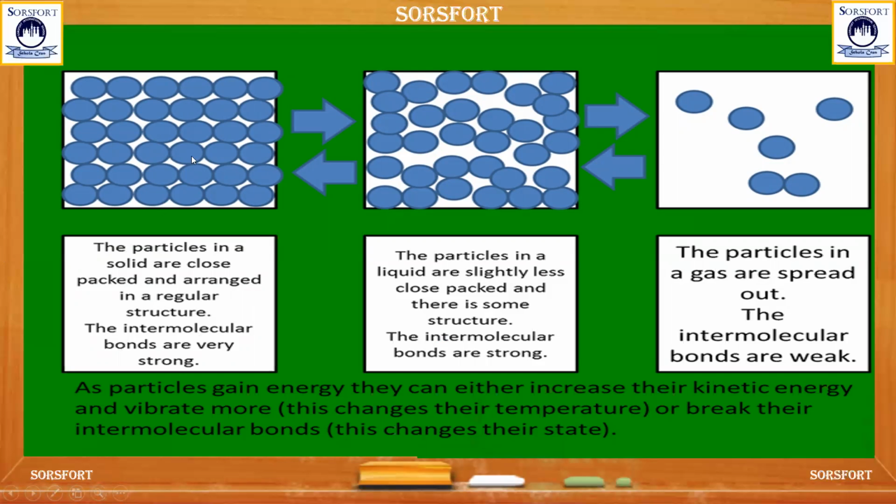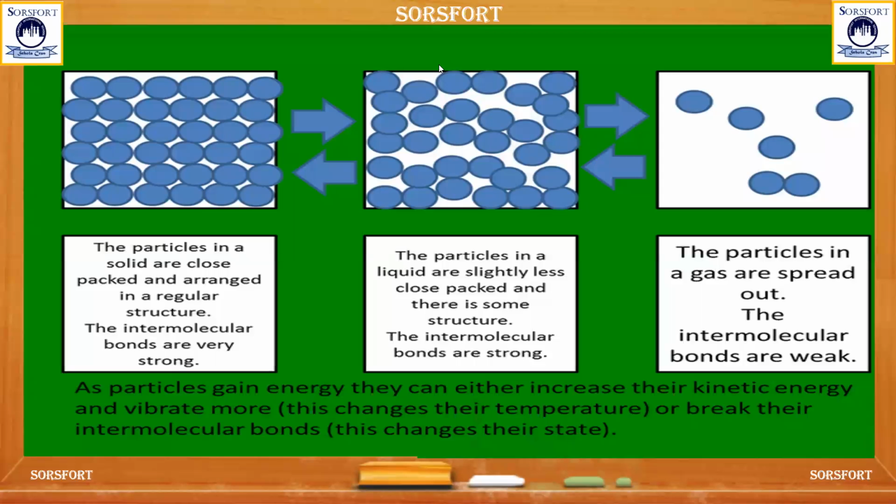With these diagrams, the molecular arrangement: the particles in a solid are closely packed and arranged in a regular structure, and the intermolecular bond is very strong in the solid state. Which state is it strong in?